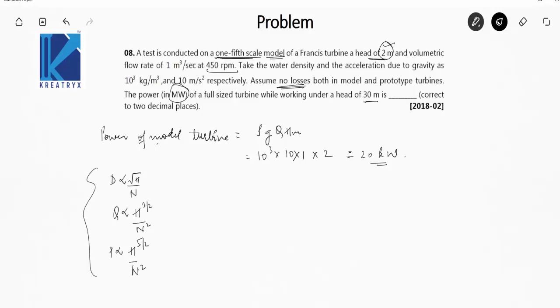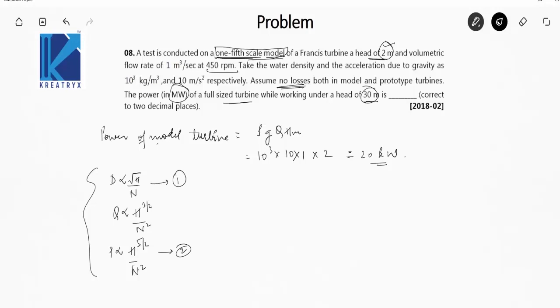So we use these three equations to relate the model turbine and the prototype turbine. We have to find the power of a full-sized turbine while working under a head of 30 meters. A 1/5 scale model is given, so we have been given the relation between the diameter of the model turbine and the diameter of the prototype turbine. So we can use equation 1 and equation 2 to get our desired result.